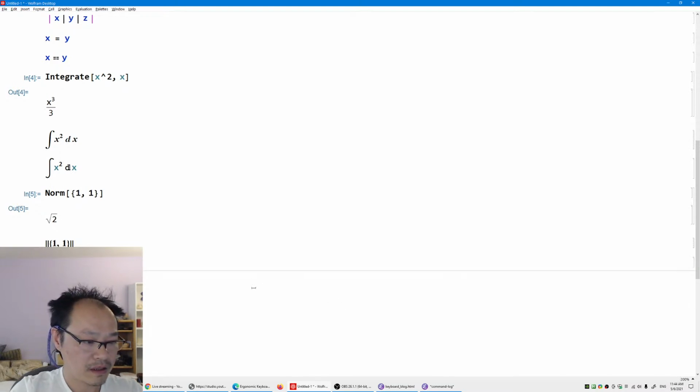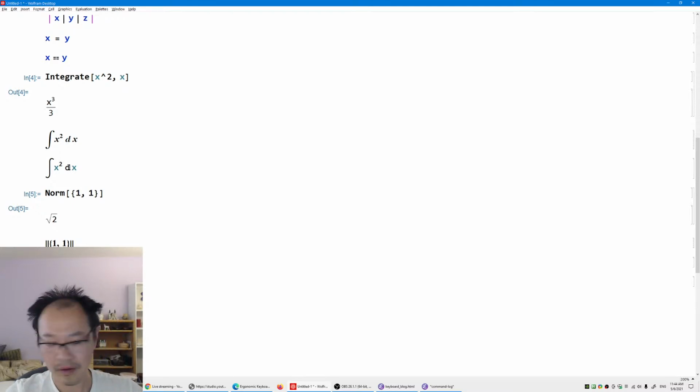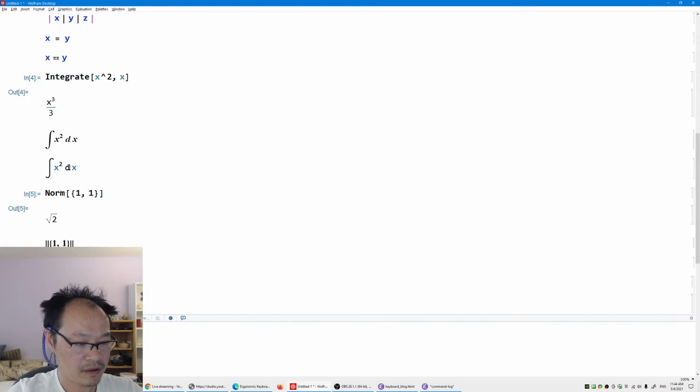Okay, that's not a good example. I should use absolute value. Wait. Okay, this is not good. Control Shift N for standard form.